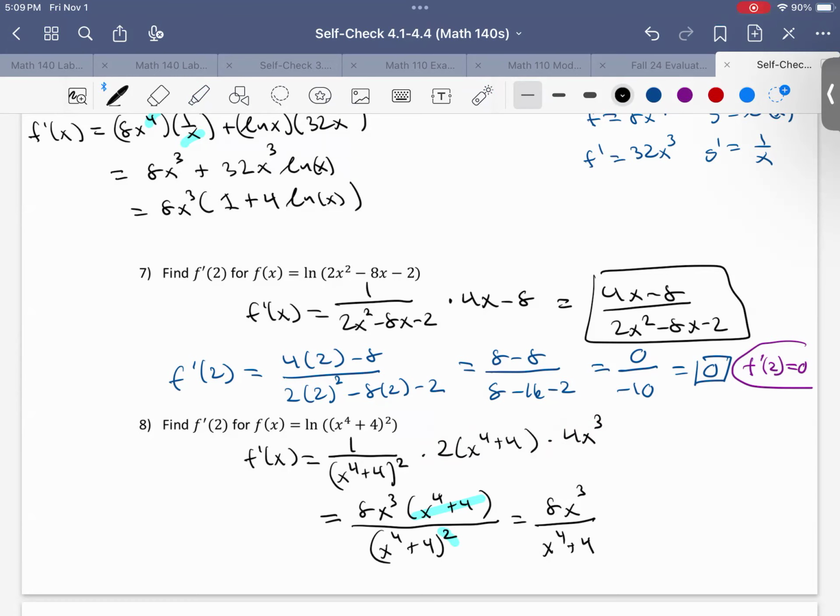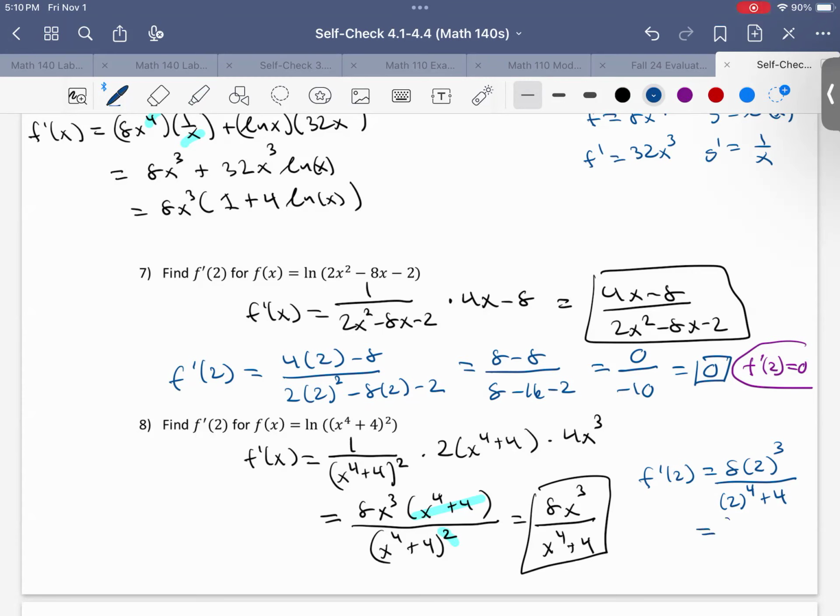So we still want to evaluate at 2. So I need to plug 2 into this function. So f prime of 2 equals 8 times 2 cubed all over 2 to the fourth plus 4.